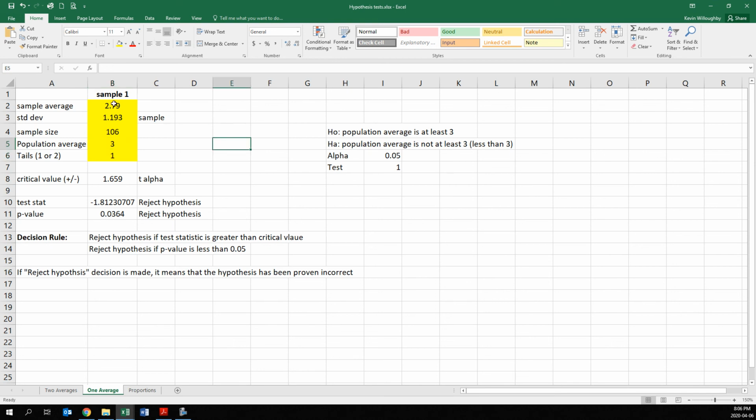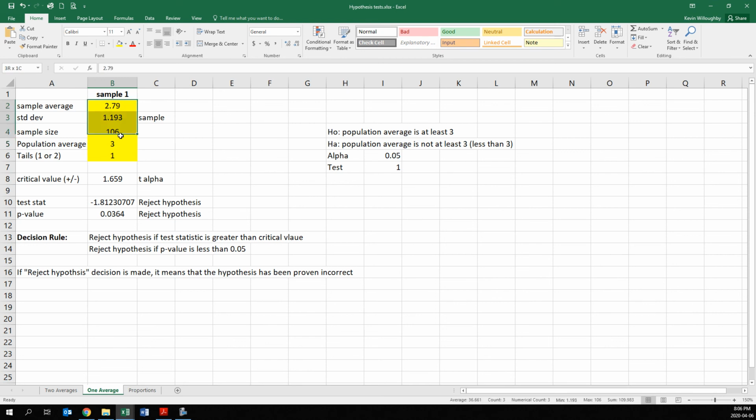So when you look at this hypothesis test file, this data comes from either the question or the client. The value of 3 is a value from the client, and if you're doing this type of test, as I said, contact me and I'll give you that population average.